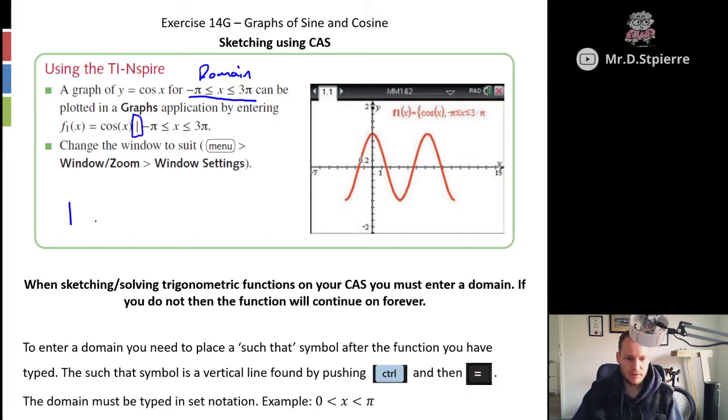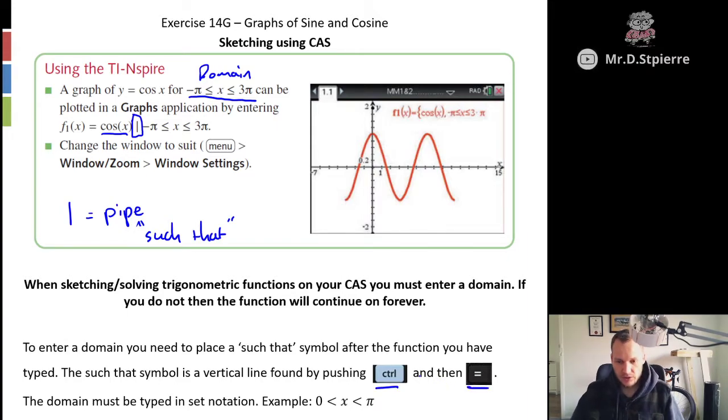So remember that vertical line, that's also called pipe in computer science. In this case, it just means such that. Cool. So graph cos of x such that x is between negative pi and 3 pi. And you can get that such that sign using control equals.